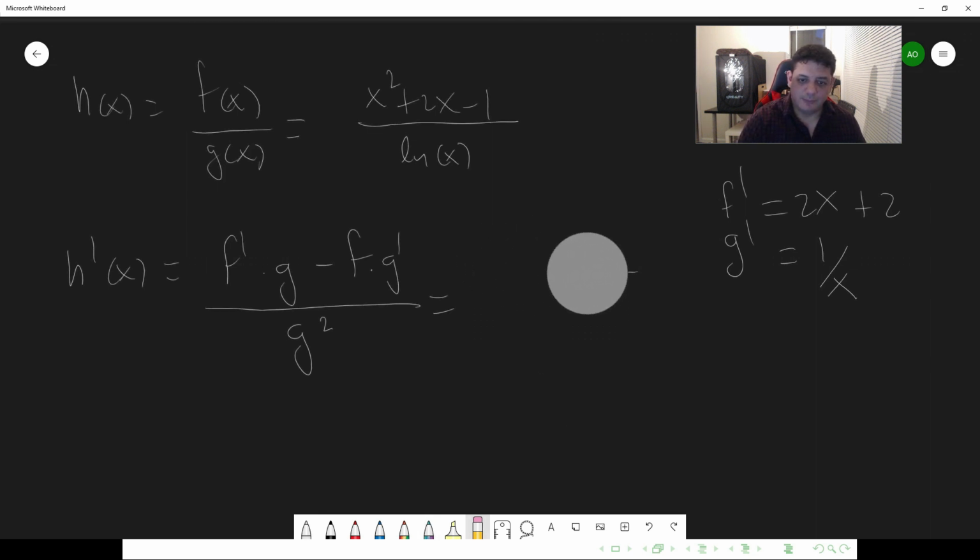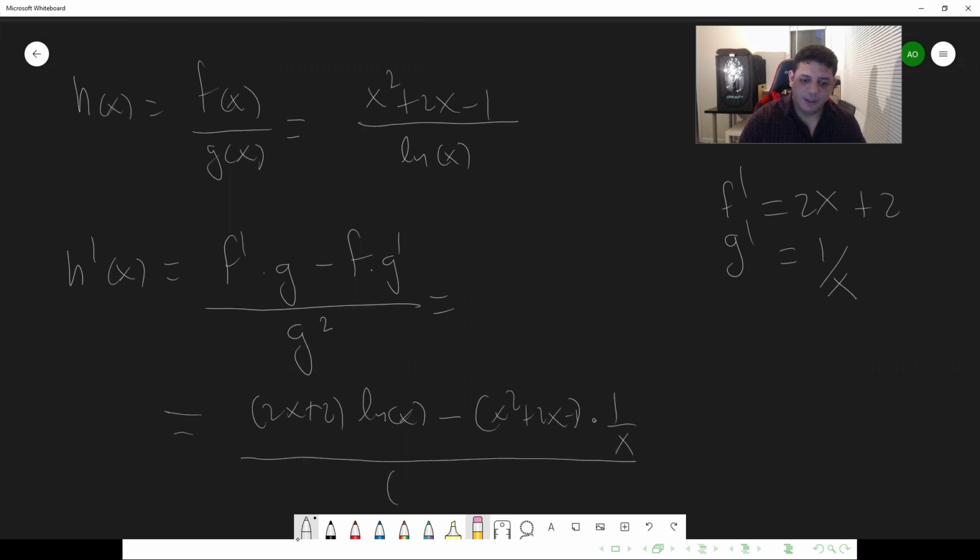So 2x plus 2 times log of x minus x squared plus 2x minus 1 times 1 over x, and everything divided over log of x squared.